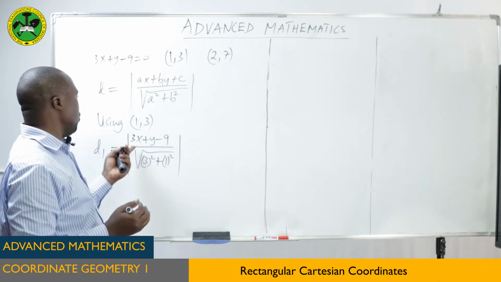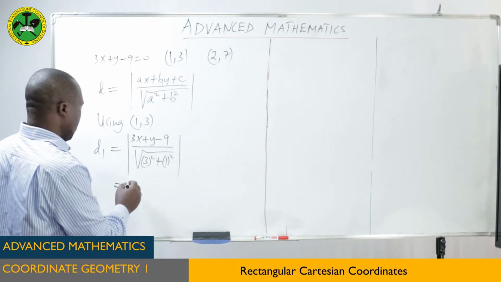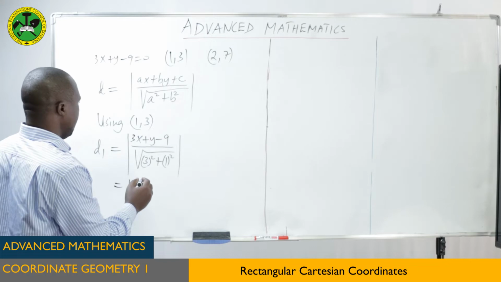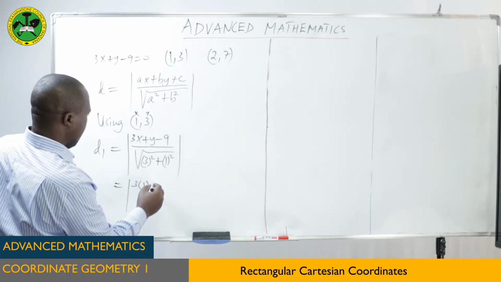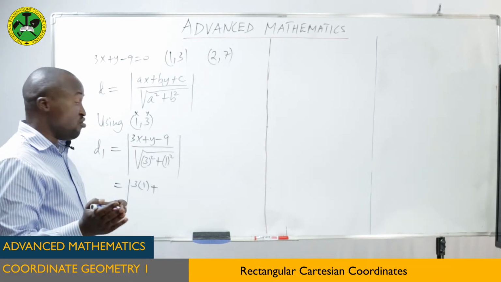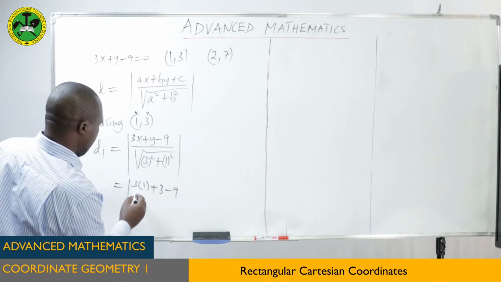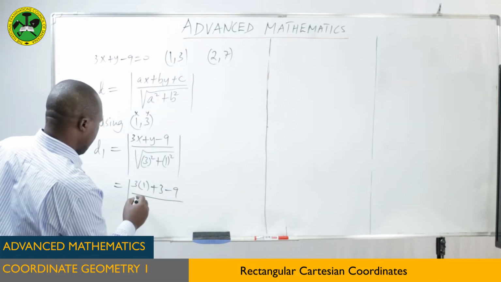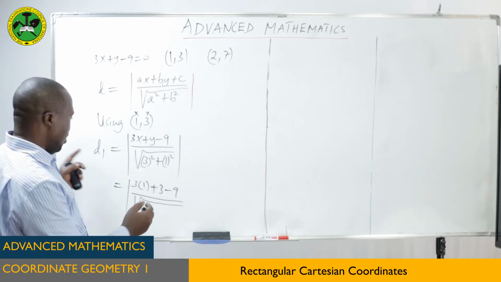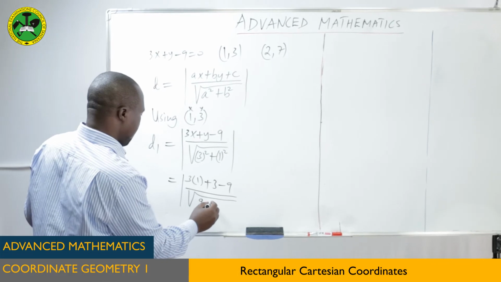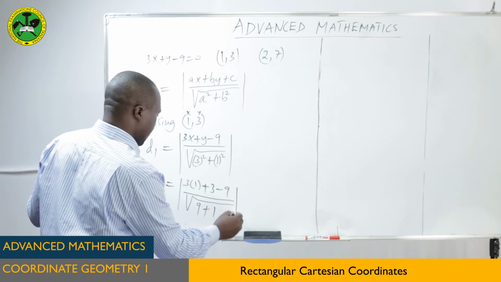Now here we substitute this coordinate. So the distance will be equal to 3 times 1, that is the value of x, plus the value of y, which is 3, then minus 9, over the square root of 3 squared, which is 9, plus 1 squared, that is 1.